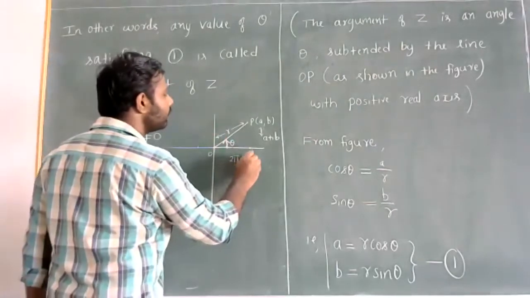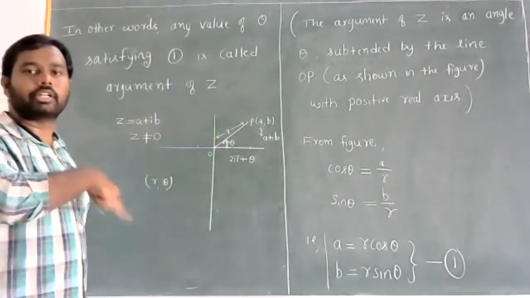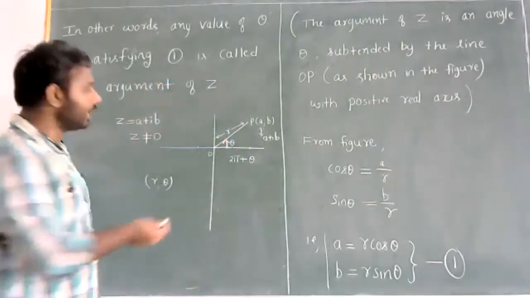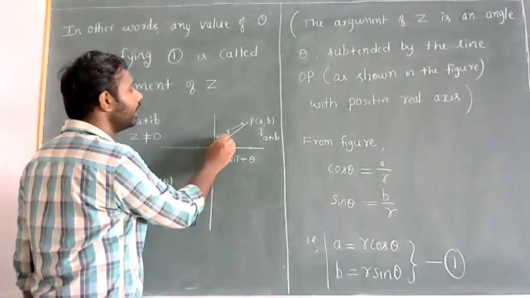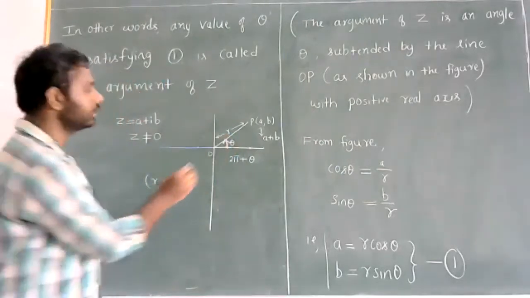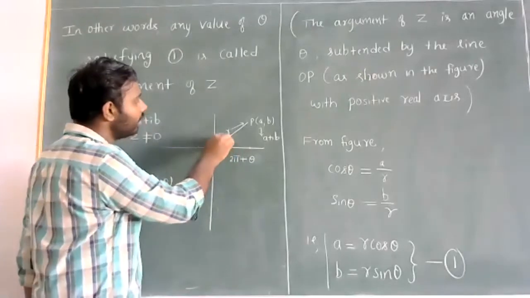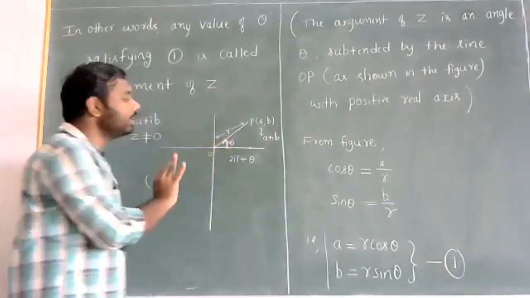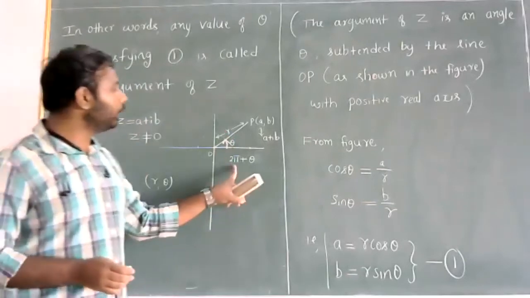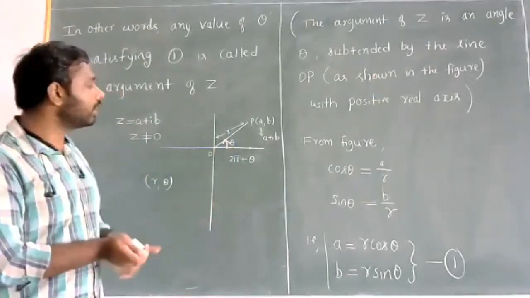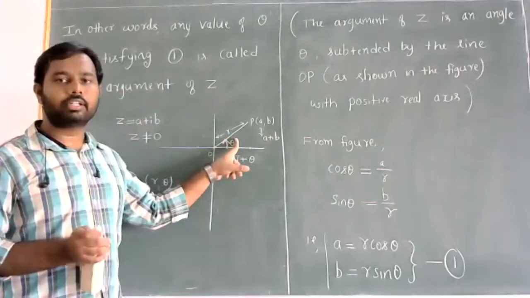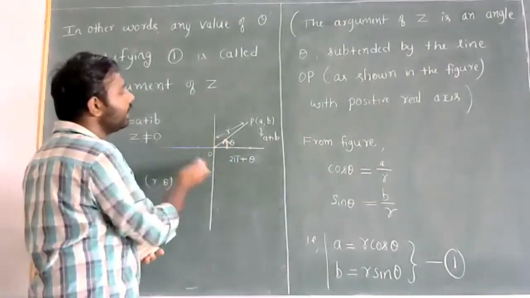So 2 pi plus theta. So total rotation is 2 pi plus theta. And where I am? Again, I am in the same position. So first angle theta, then angle 2 pi. So I will be in the same position. So 2 pi plus theta will also give the same value of theta, because I am in the same position.